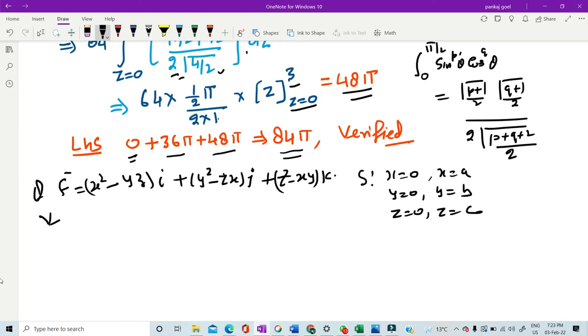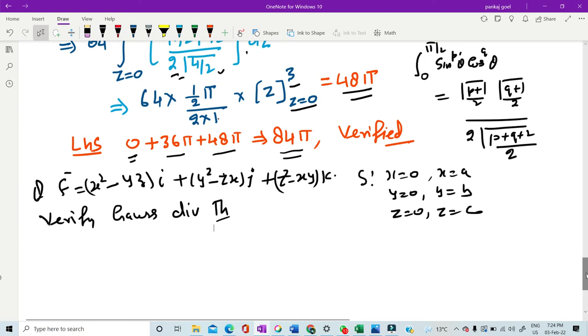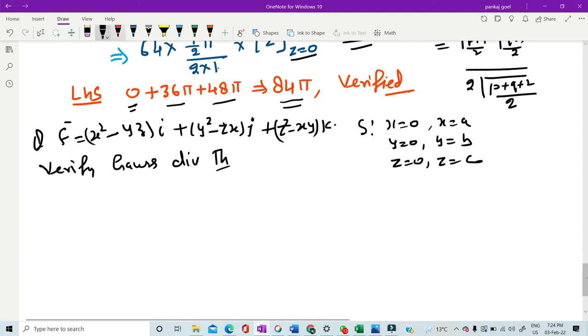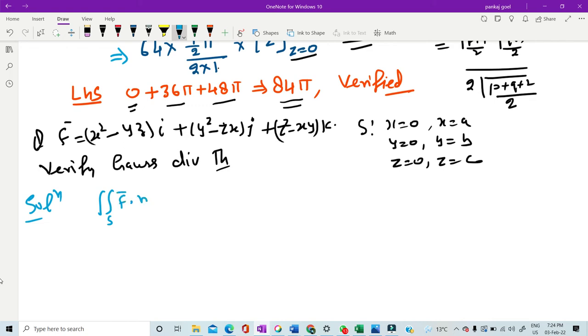Remember, let us suppose we want to verify the Gauss divergence theorem. What is the Gauss divergence theorem? First write the Gauss divergence theorem: the double integration over S of F dot n cap dS is equal to the triple integration over V of del dot F dV.